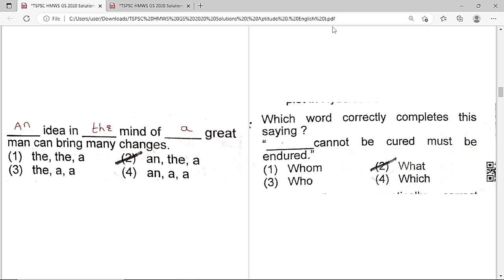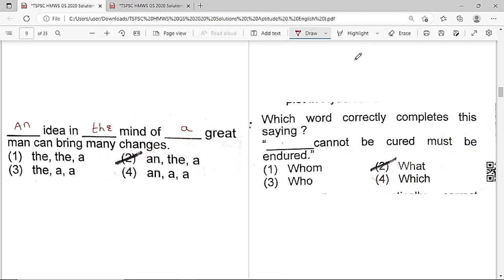This is the correct solution of this question. This is the correct fill in the blank.